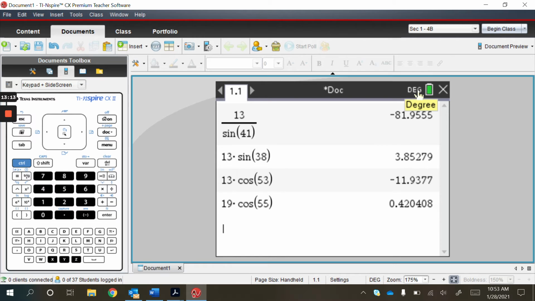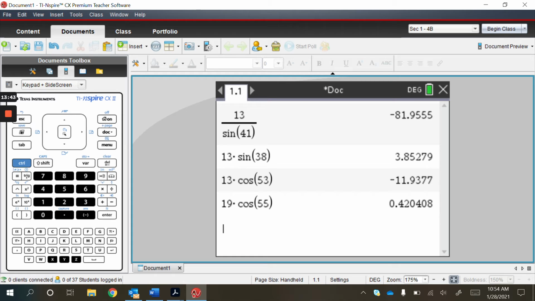Oh my goodness, I have made a terrible mistake. If you'll notice up here on my calculator, when you do sine and cosine, it makes a difference whether you're working in degrees or radians. I've been accidentally working in radians, and I needed to switch that to degrees.